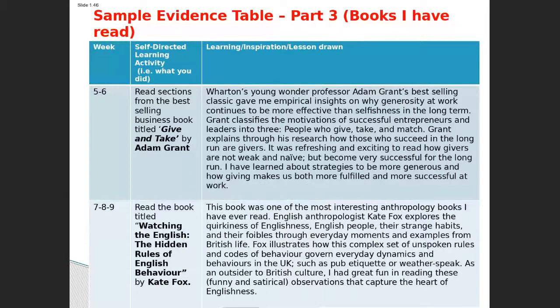Give and Take by Adam Grant. That's a great book on generosity. And Watching the English by Kate Fox. It is an anthropology book about unique habits of British people. So I summarized just what I learned from these 2 books.